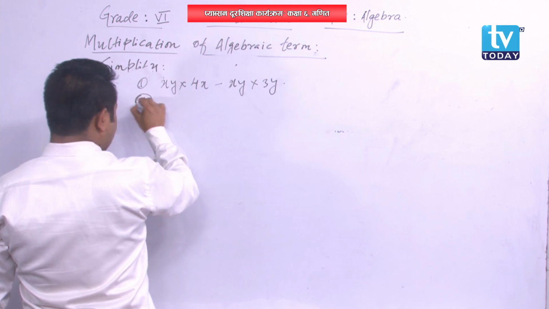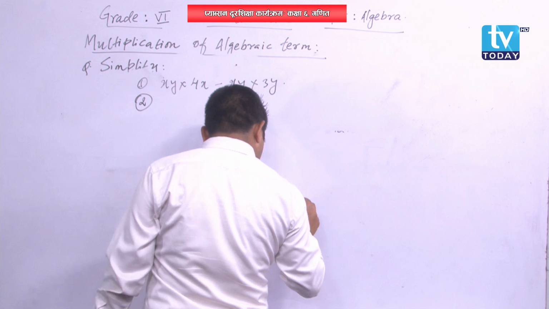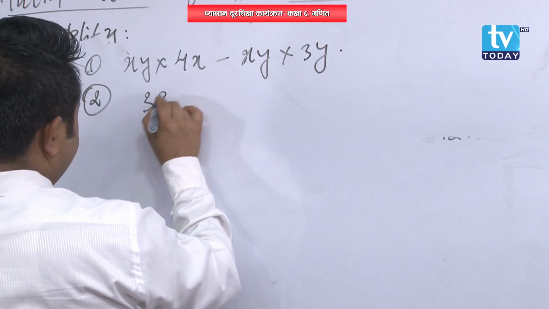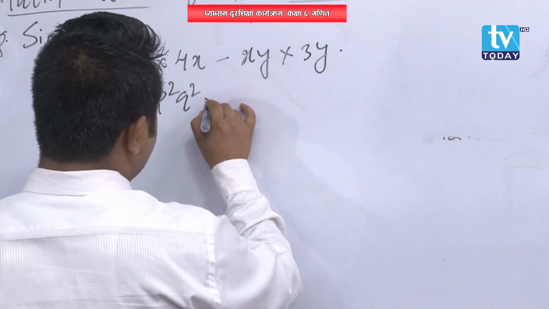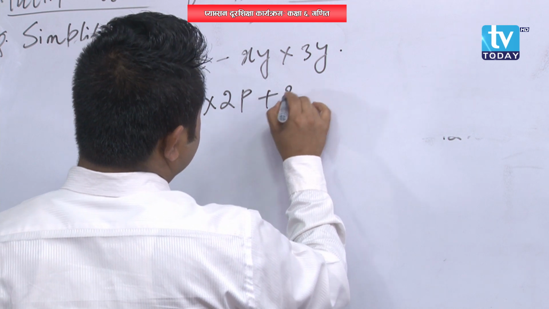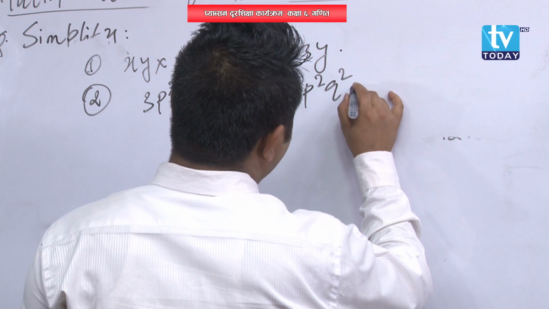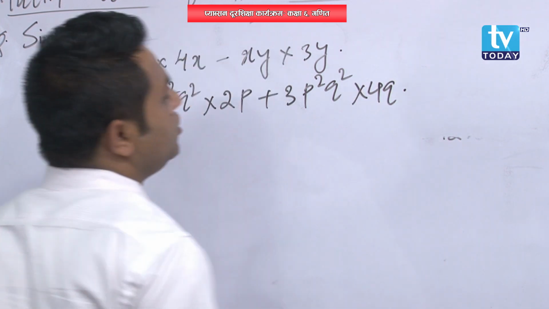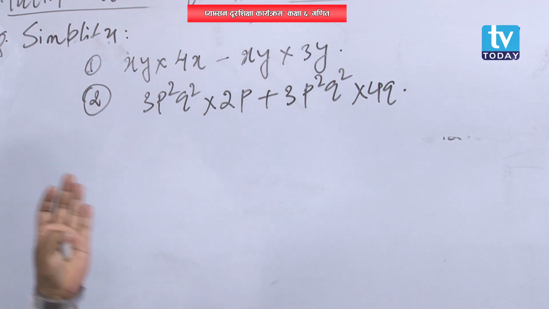Now number 2: 3p square q square into 2p plus 3p square q square into 4q. I am leaving these two questions as home assignment.